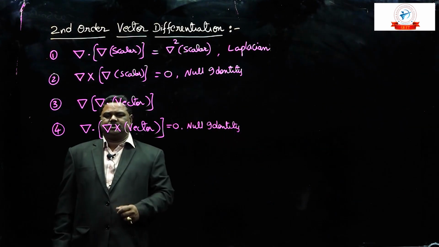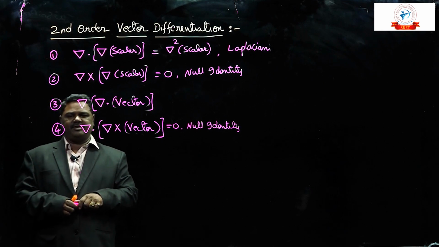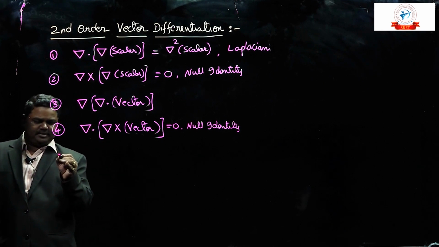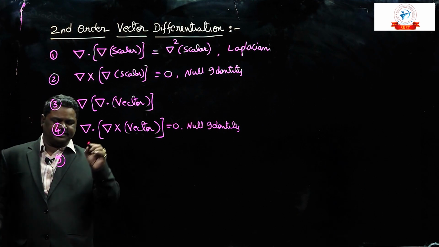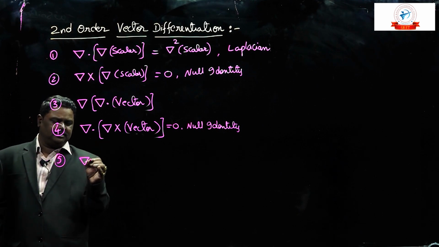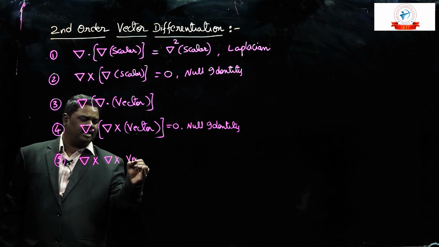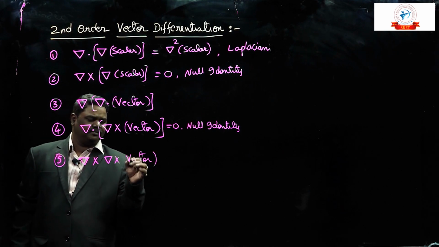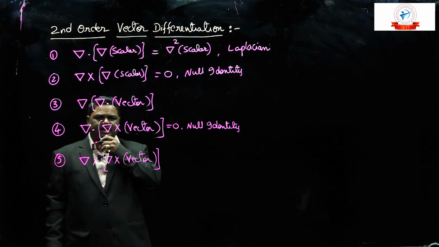So we have studied the first 4 second order vector differentiations. Now consider the fifth one, the last one. The fifth valid second order differentiation is the curl of a vector. Curl of a vector. So this is another important one.